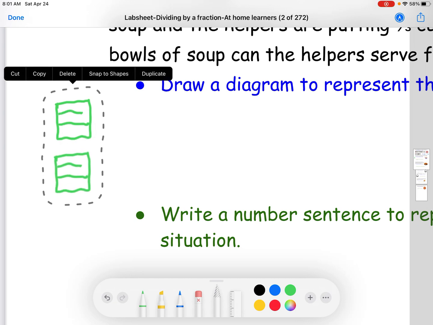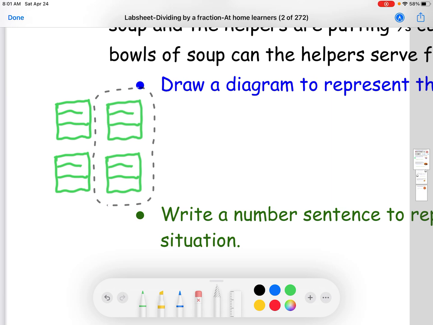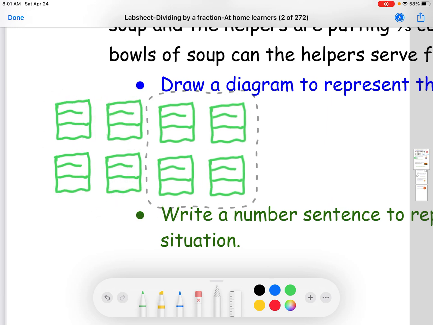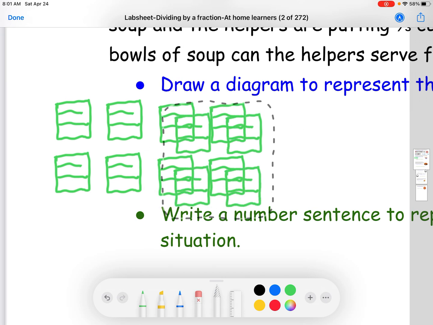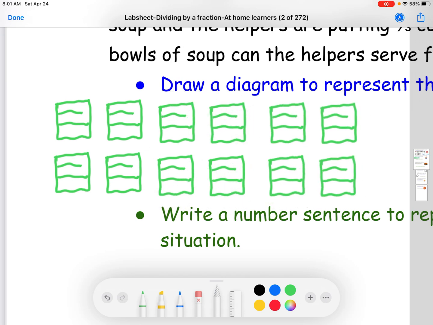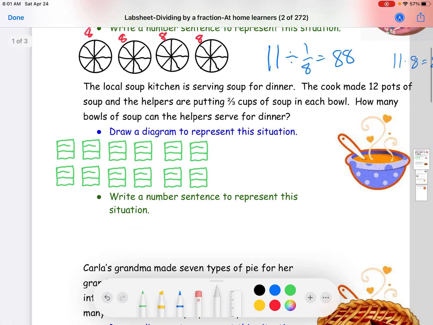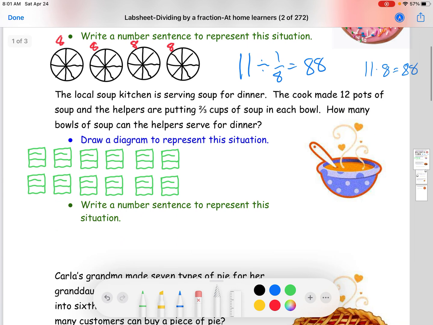That'll be 2, and now all of a sudden I have 4, and now I can make 8, and I'll duplicate this to make a grand total of 12, right? There we go. So 12 pots of soup in there, 2/3 of a cup in each bowl. How many bowls of soup can helpers serve? I'm assuming 12 pots would be 1 cup.